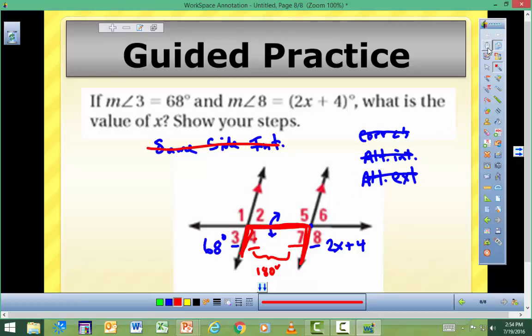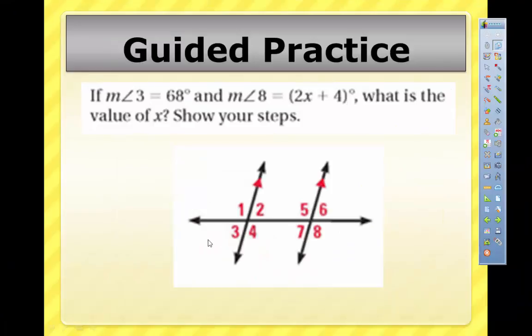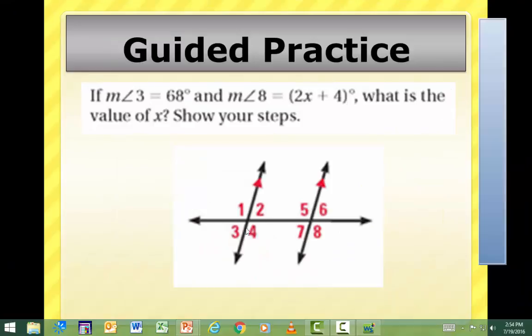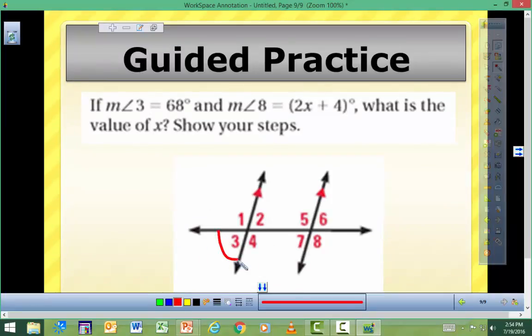So how do you solve this problem then? Well, the bottom line is we have to do something first. You see, we know that this one's 68 degrees. We know that this one over here is 2x plus 4. So it turns out if I could find out angle 4, then angles 4 and 8 would be corresponding, and then they would be congruent.